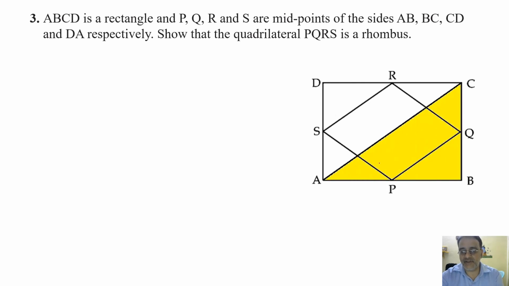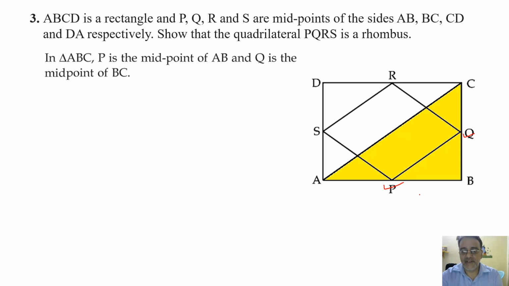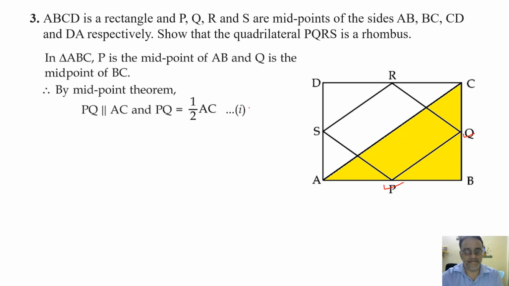See this triangle. P and Q are the midpoints of AB and BC respectively. So therefore by midpoint theorem PQ is parallel to AC and PQ is half of AC. Okay, and we will take now this triangle, the green one. S is the midpoint of AD, R is the midpoint of CD.